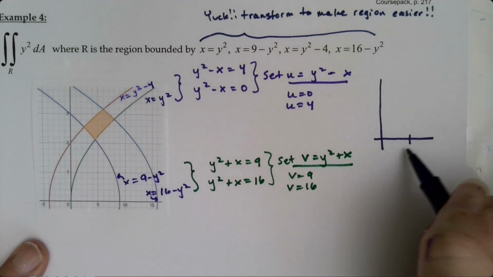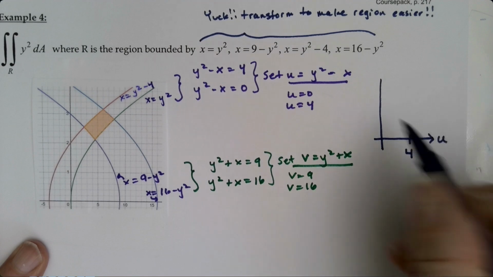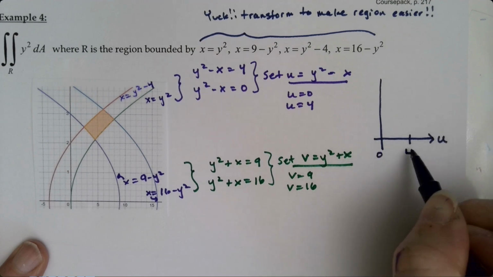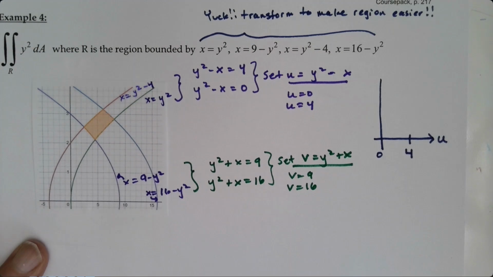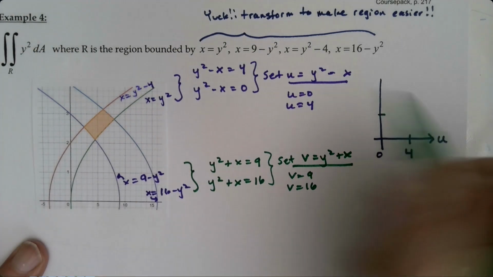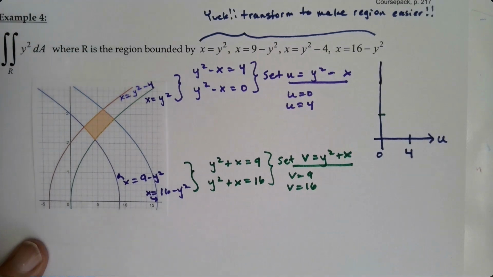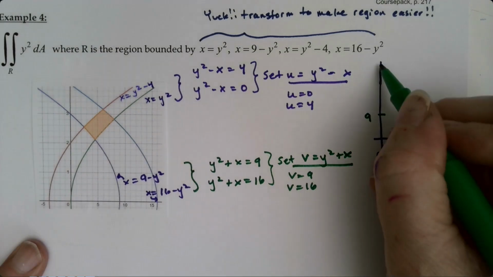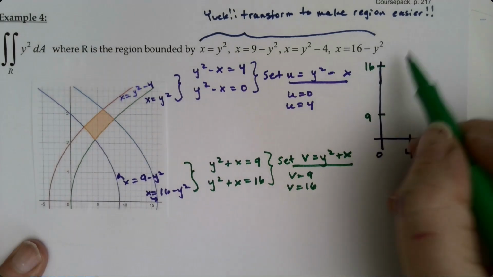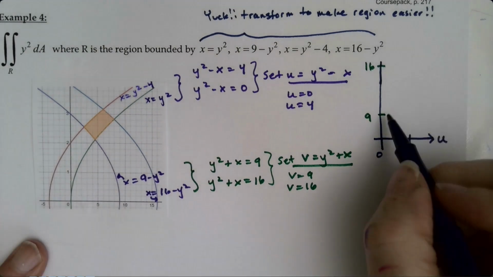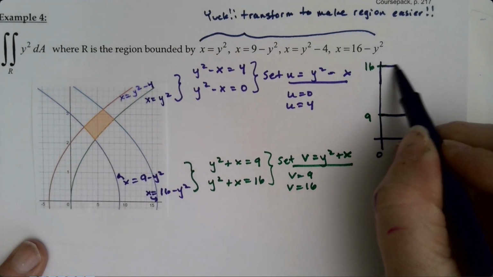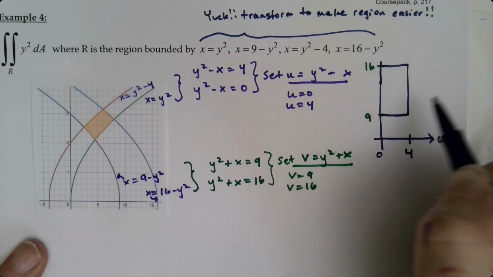We're only going to 4 here for the u because this is the u axis. So u equals 0 to u equals 4. And we're going from 9 to 16. I'm going to make this a little taller here. It's still not to scale, I grant you, but I'm just trying to give a sense of this. So 9 and 16. So we have this rectangle, not drawn to scale, but bear with me here.